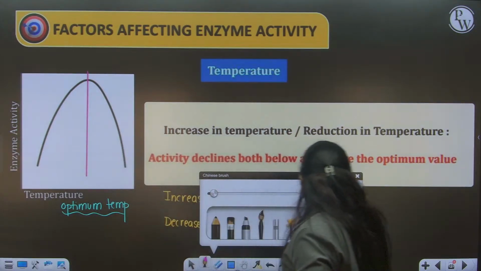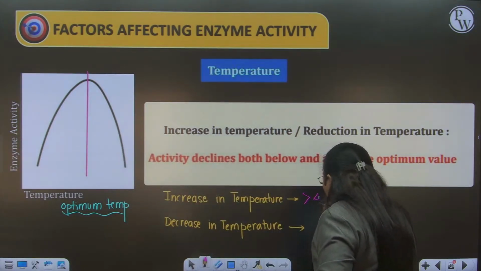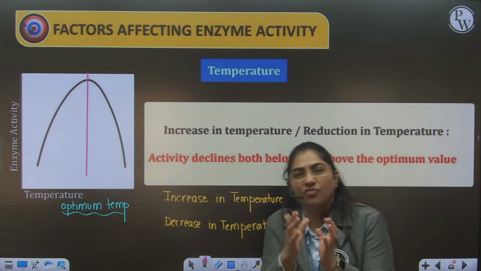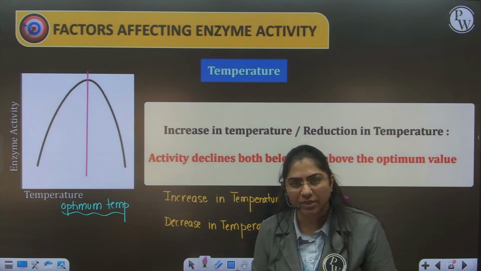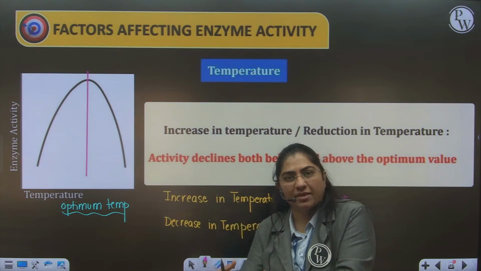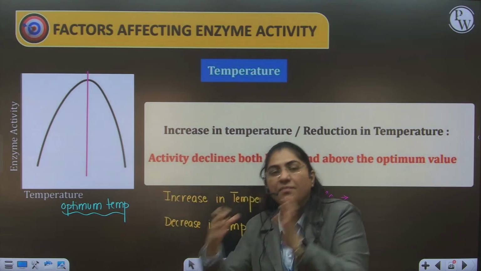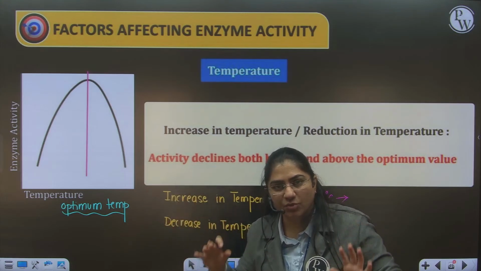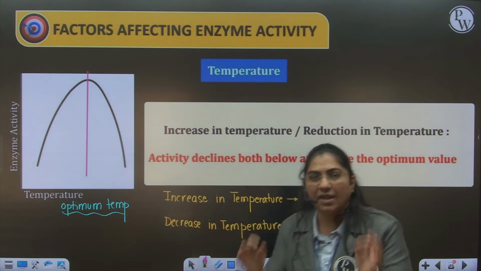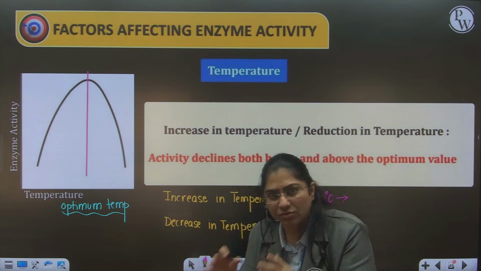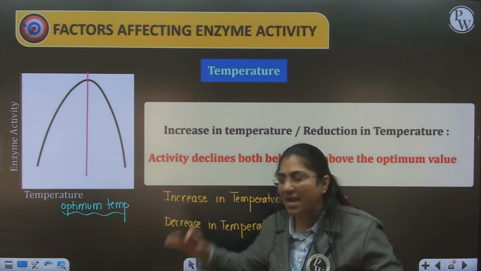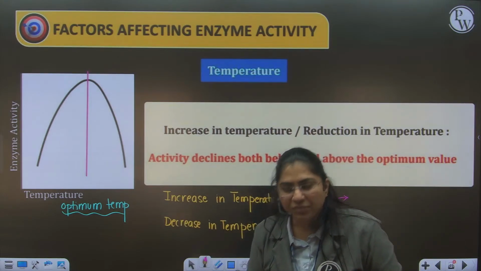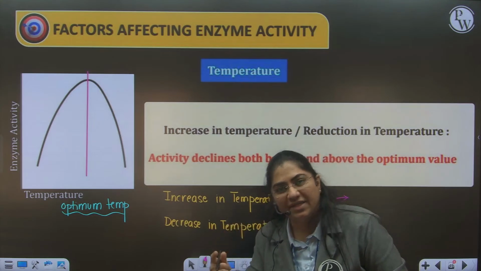When we increase the temperature, say more than 40 degrees Celsius, the weak bonds which form the tertiary structure of proteins are broken down, converting the tertiary into secondary, secondary into primary, and thereby altering the structure of the protein chain, and the enzyme activity reduces, or there is no enzyme activity above 40 degrees Celsius when we are talking about our human body, because the proteins are getting denatured.